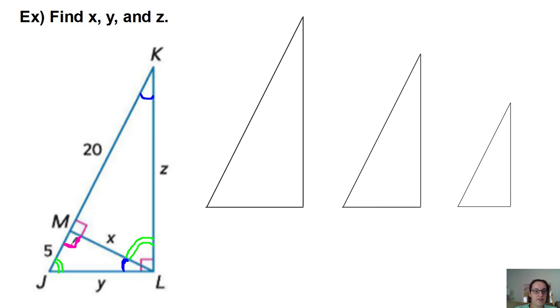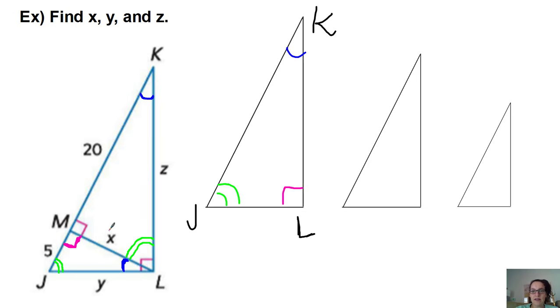Okay, so my first triangle is triangle JLK. I'm going to draw it just like I see it. Here's my right angle L, my top angle K, and then angle J. Then my second triangle is going to be KML.